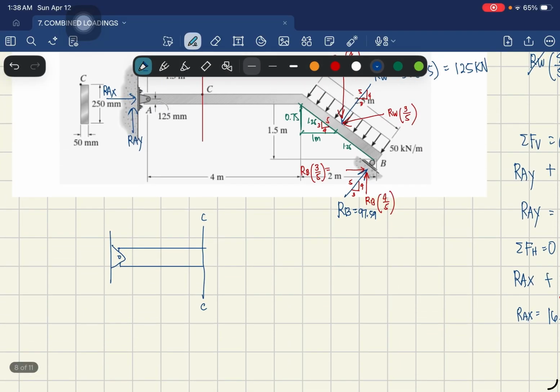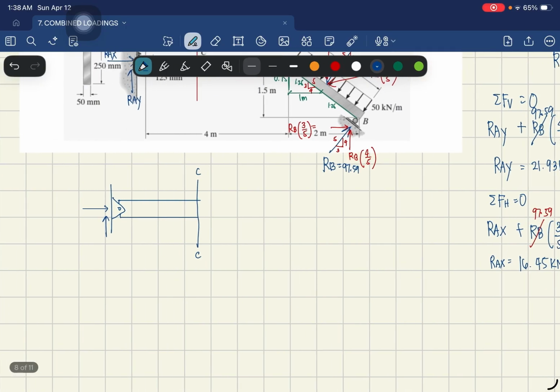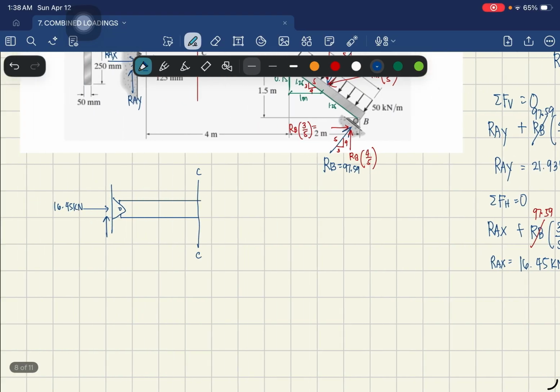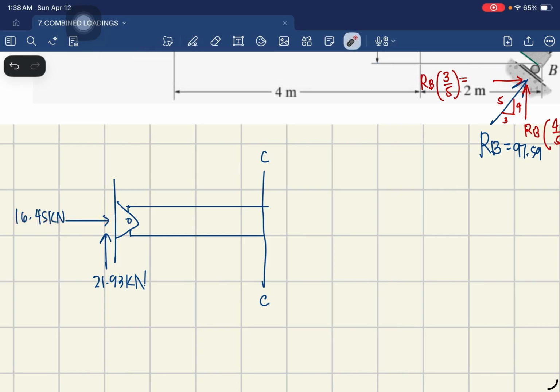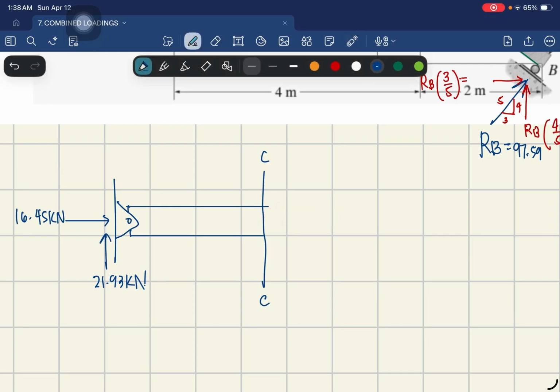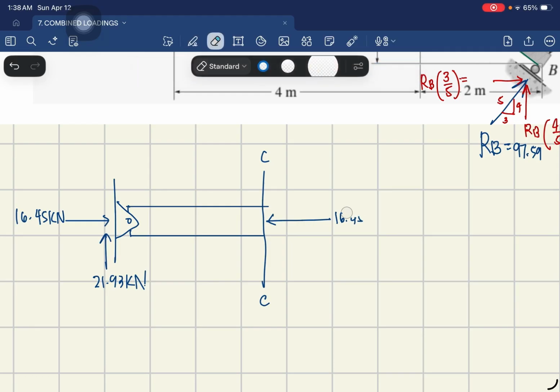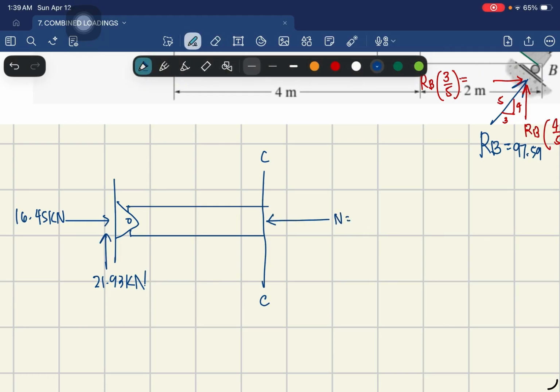Section ng point C. Then, meron tayong mga reaction sa point A. Yung nakuha natin horizontal, 16.45 kilonewton. Then, yung vertical reaction niya is 21.93 kilonewton. Para makuha natin yung normal force, since wala nang iba dyan na horizontal, mag-equate lang siya dito sa cutting section natin at section C. So, equals din siya sa 16.45. Ito yung normal force natin equals to 16.45 kilonewton.